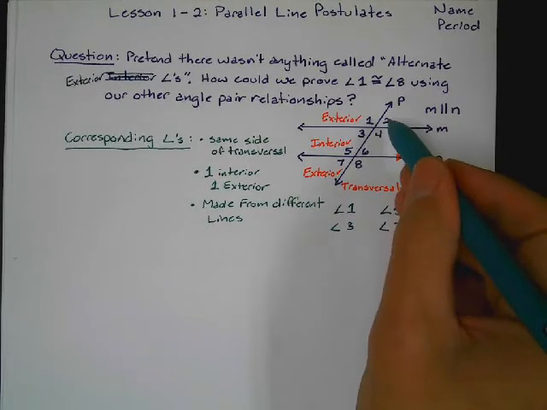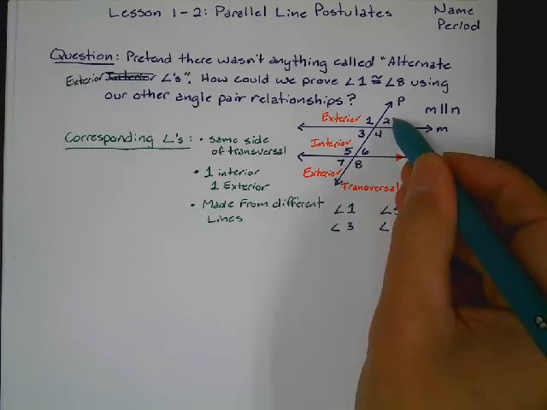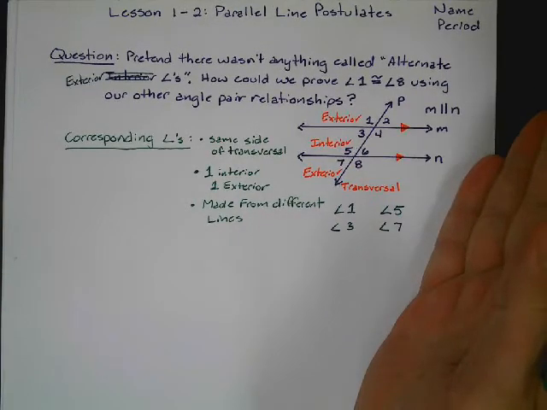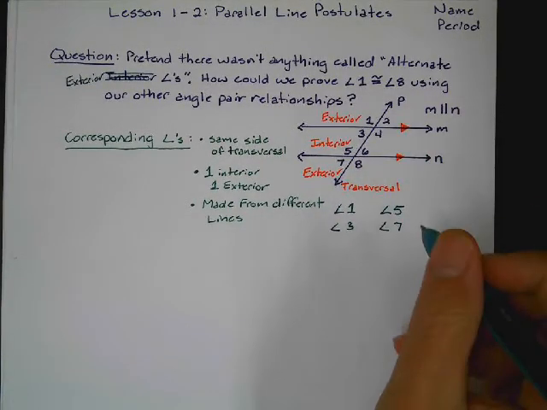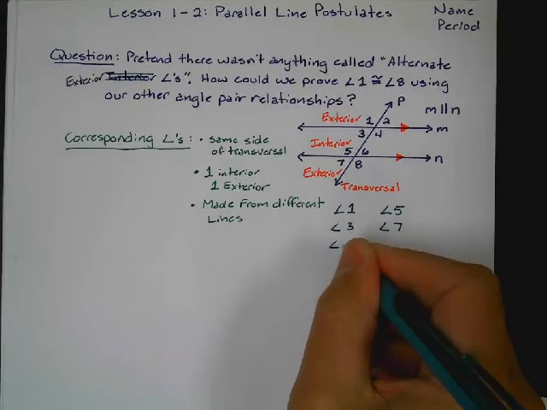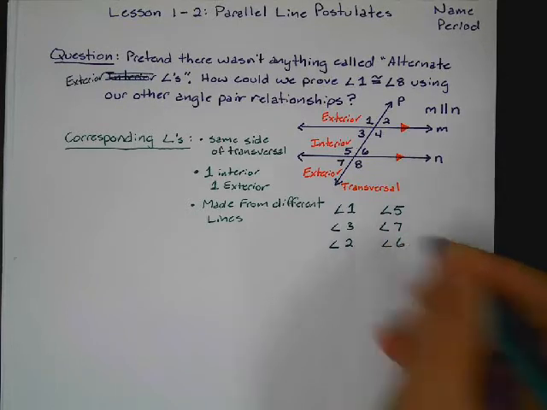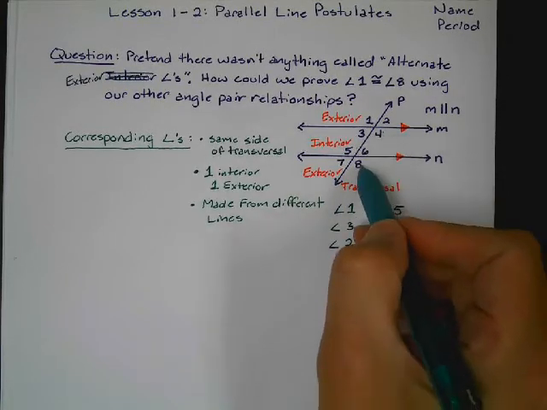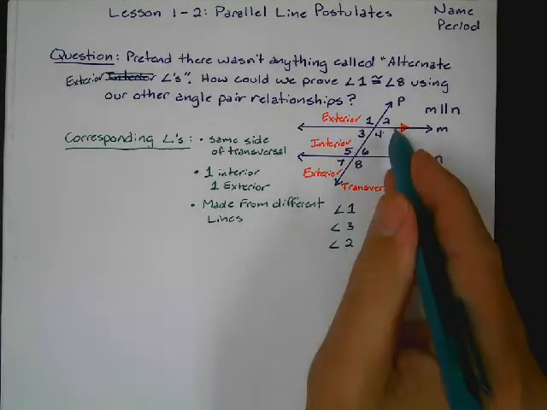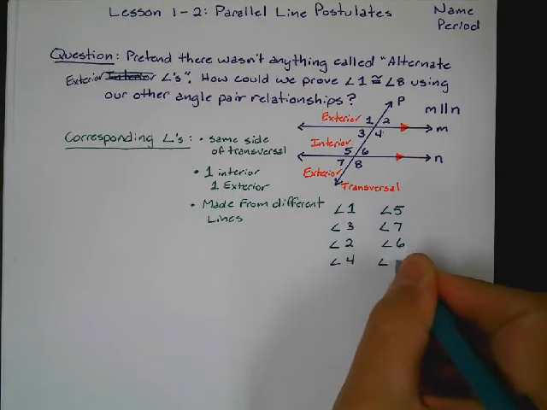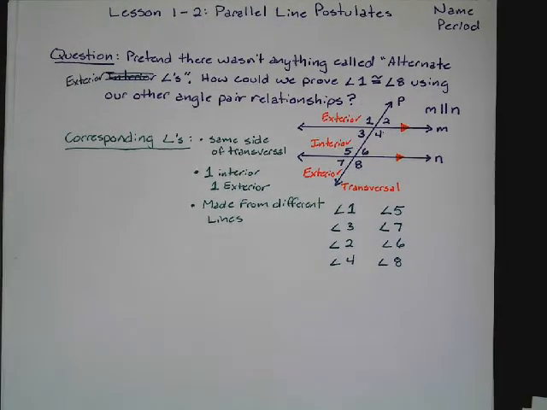On the other side, 2 and 6. 2's on the exterior, 6 is on the interior. They're both on the same side of the transversal, and they're made from different lines. So we got angle 2 and angle 6. And then the last pair of corresponding angles are angle 4 and 8. 4 is on the interior, 8's on the exterior, same side of transversal, made from different lines. Now there's something that we know from last year about corresponding angles.